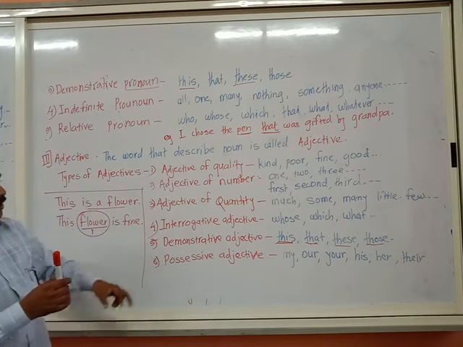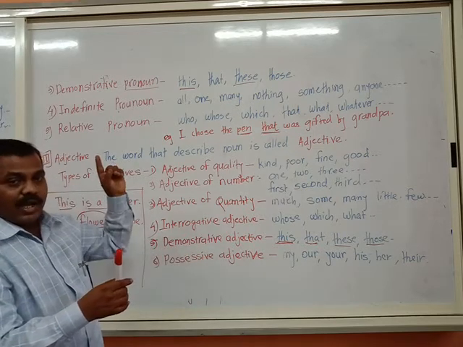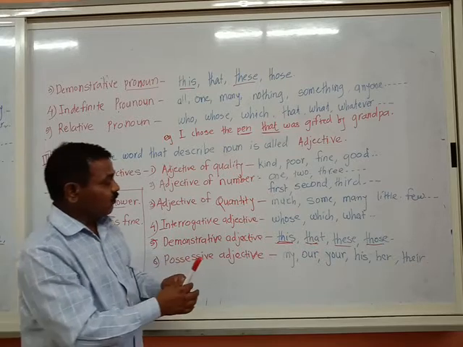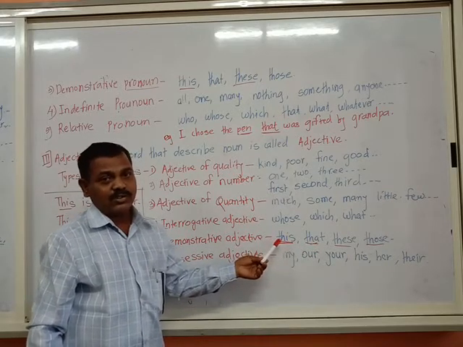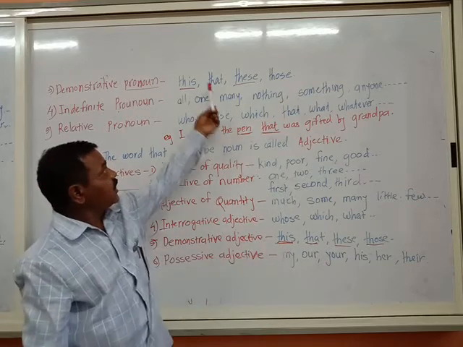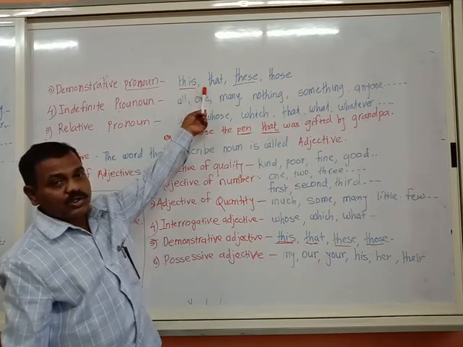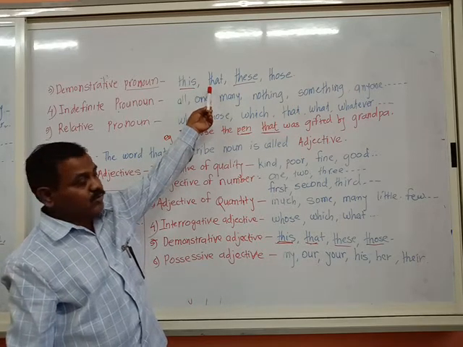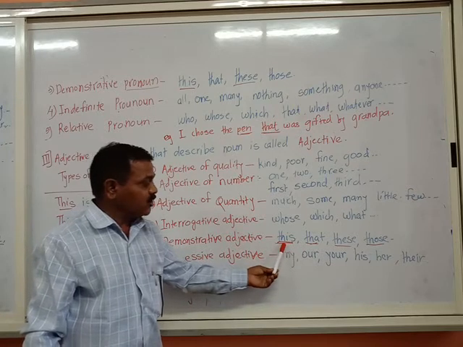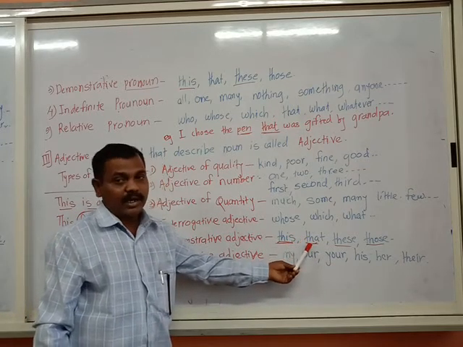Notice the one thing once again. In the beginning I gave you the definition: the words are classified by their function and reference. The same words and examples, when they only denote or show something, are called pronouns. And when they give some information about the specific thing, they are called adjectives.